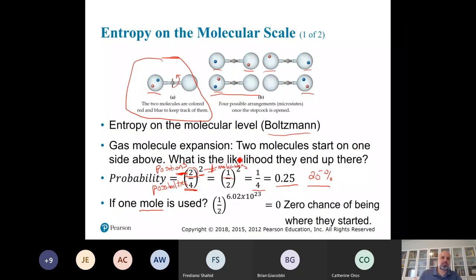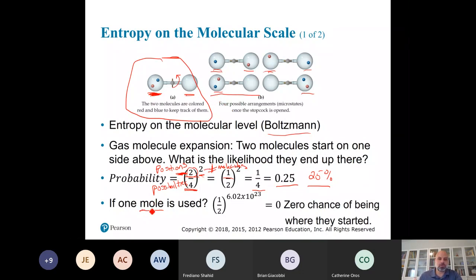So we have two possible positions, the left and the right. That was my bad. The left and the right position. And that gives us a total of 4 possibilities, as we see on the right-hand side. And there are 2 molecules, so we end up with a 25% chance that we end up with all the balls in the original position.